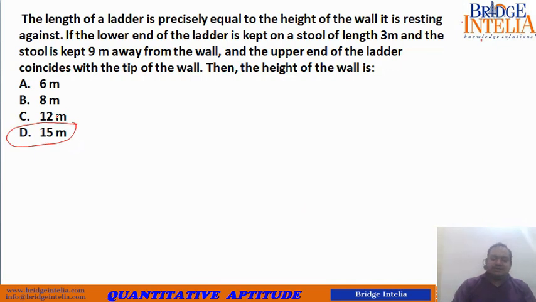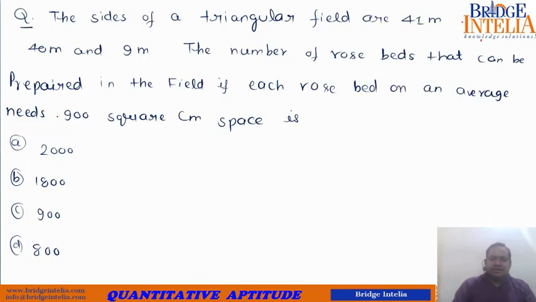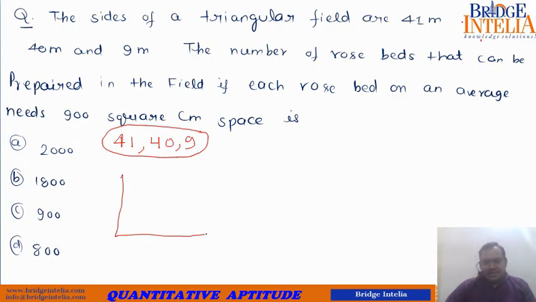So let's move to the next problem. The sides of a triangular field are 41 meters, 40 meters and 9 meters. Look at the sides: 41, 40 and 9. You will realize that this is a Pythagorean triplet, meaning 40 square plus 9 square is equal to 41 square.